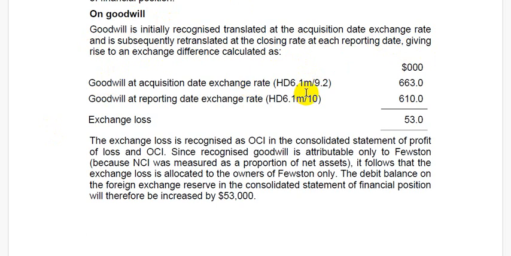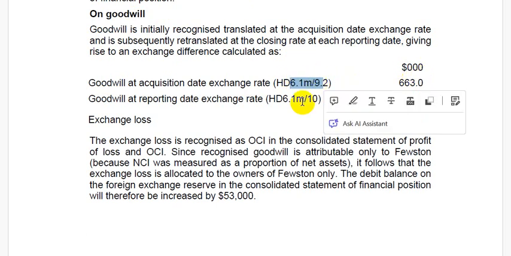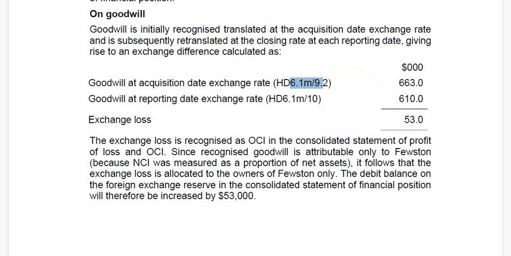So on 1st July, the goodwill in dollars was 663,000, translated at 9.2, and then at the reporting date translated at 10, the goodwill is now 610,000. Since it's an asset, our asset has reduced in value, so there's an exchange loss of $53,000.